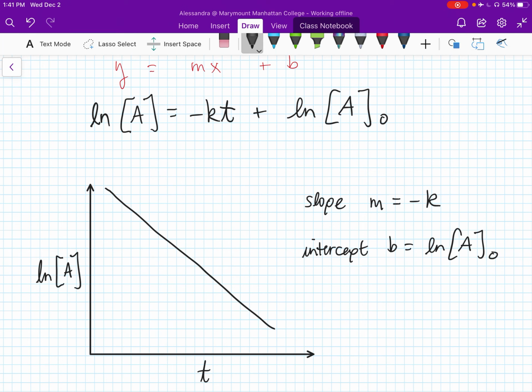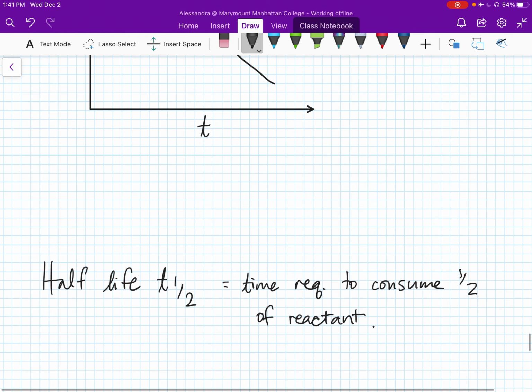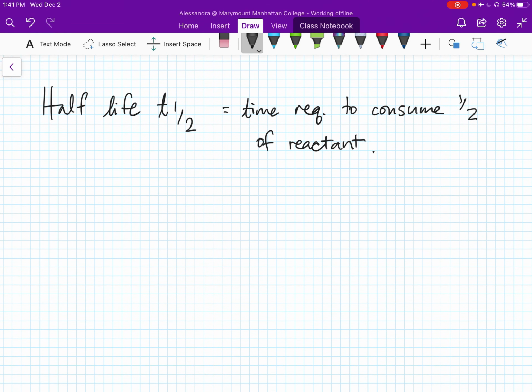What else can we do? We can use this equation to derive an expression for the half-life for a first order reaction. So just to remind you of the definition of half-life, the half-life, which we denote with a t sub 1/2, is the time required to consume 1/2 of the reactant. In this case, we're talking about reactant A. So at the half-life, the concentration of reactant A is going to be half of what we started with, 1/2 of A0.